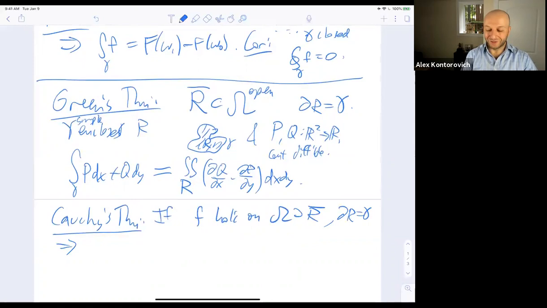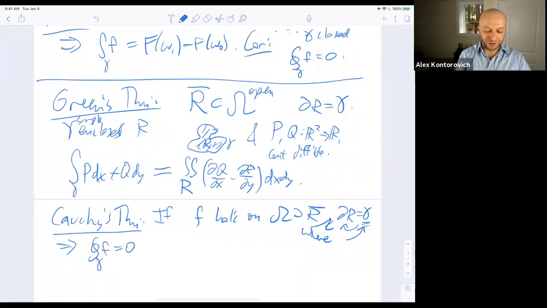or really, again, I want it the other way around, where gamma bounds. I don't want the boundary because R could be some region with holes, and then you have to worry about simply connectedness. This is part of the issue. If F is holomorphic on a region, then the integral over F, the closed.